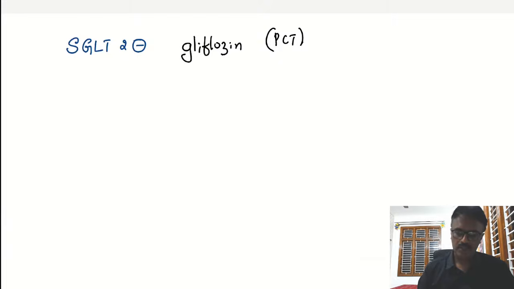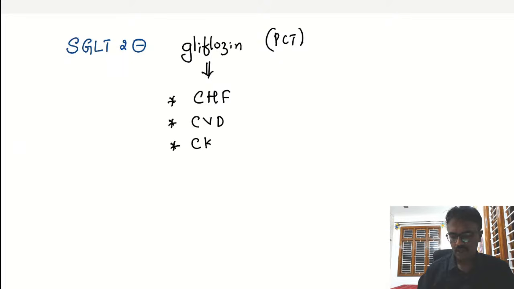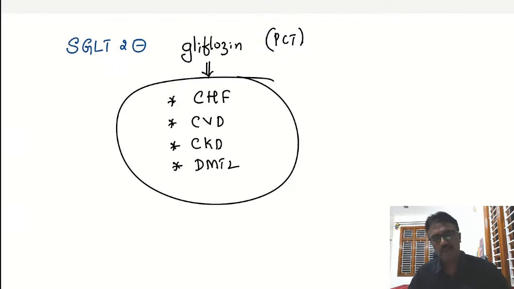These gliflozins nowadays are helpful in so many disorders, that is CHF, they decrease mortality. They are used in cardiovascular disease, they are used in chronic kidney disease, and they are the main drugs nowadays for diabetes. So they have benefit in all these four gliflozins.